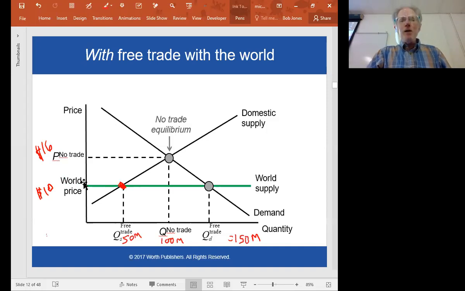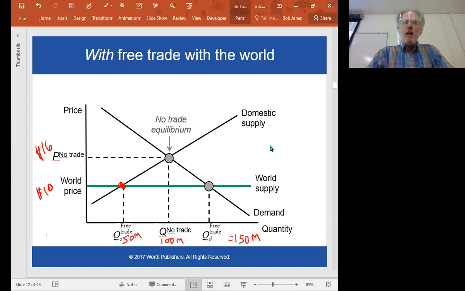We are assuming that consumers in this country can now purchase from producers in other countries, and that those producers are willing to sell as much as people want to buy at a price of $10. So basically the world supply curve is horizontal. That's what we're assuming, to keep it relatively simple.